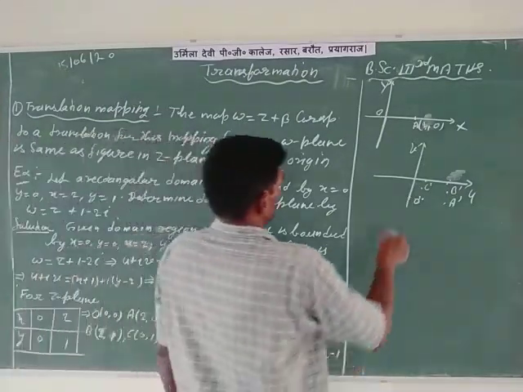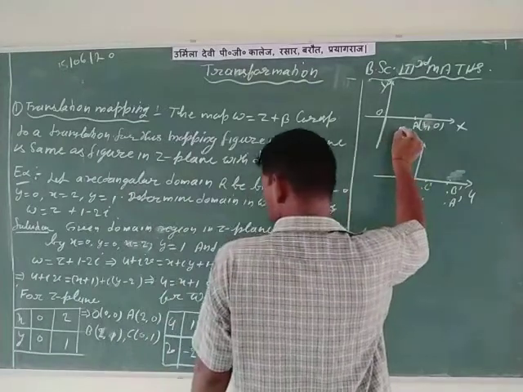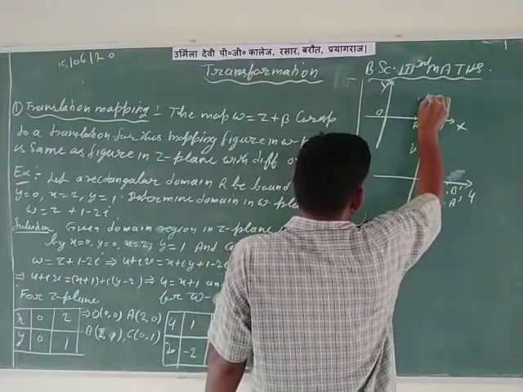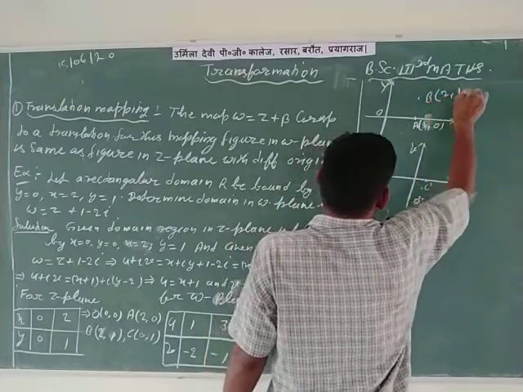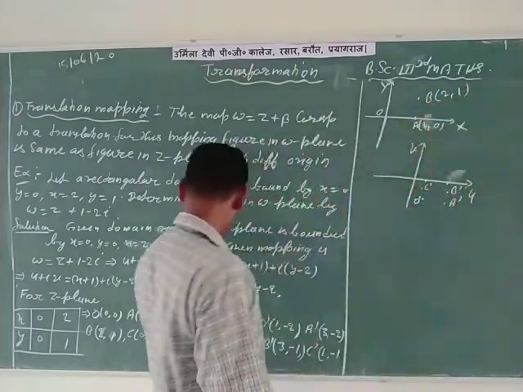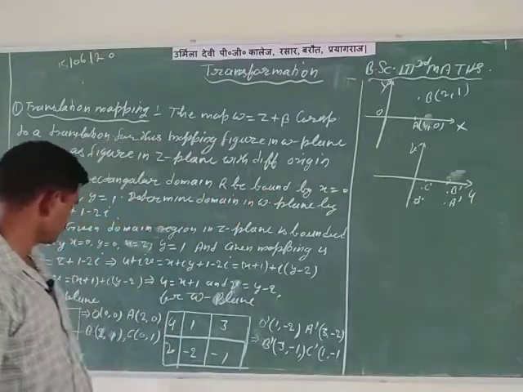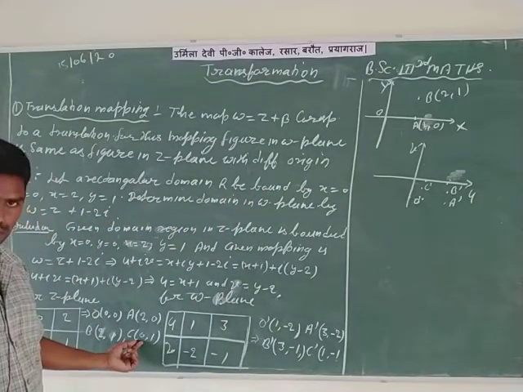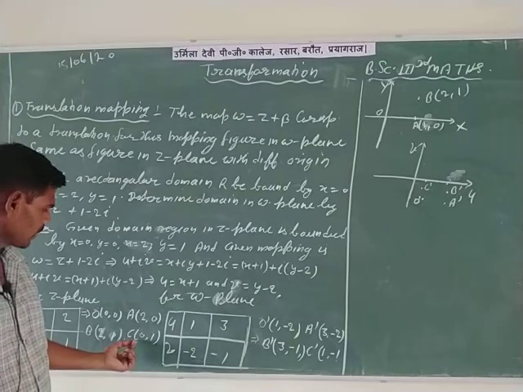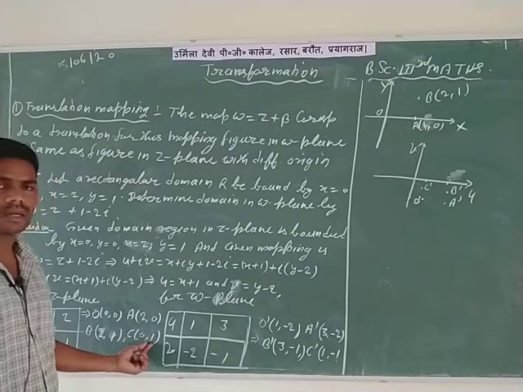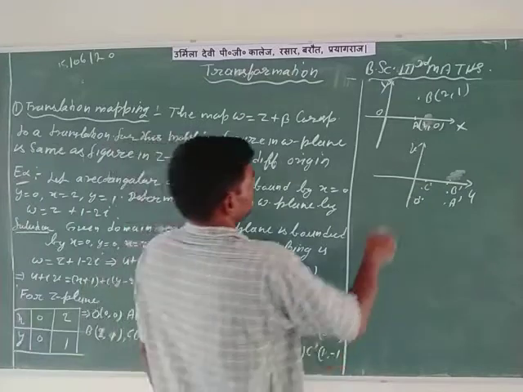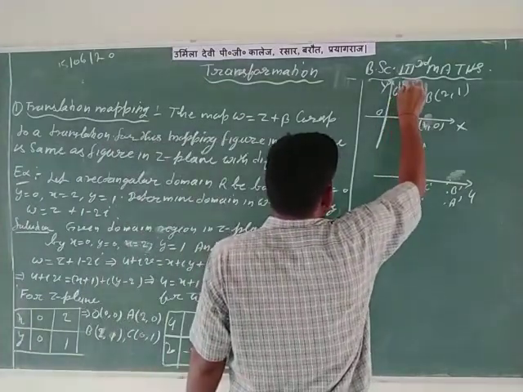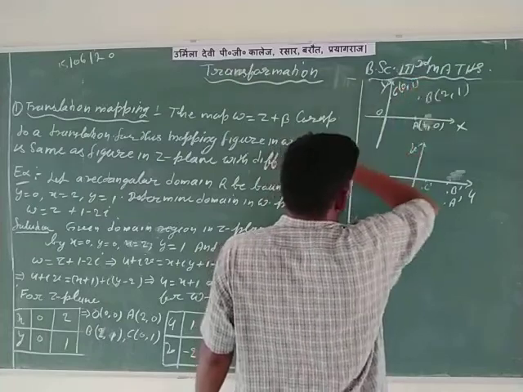So 2 means x-axis and 1 means y-axis, so 2, 1 is B. And the last point is capital C, with coordinates 0, 1, meaning x along 0 and y along 1. So it is denoted by C with coordinates 0, 1.